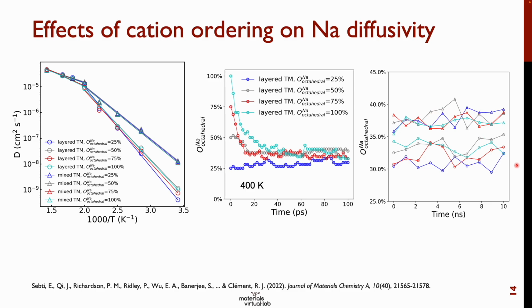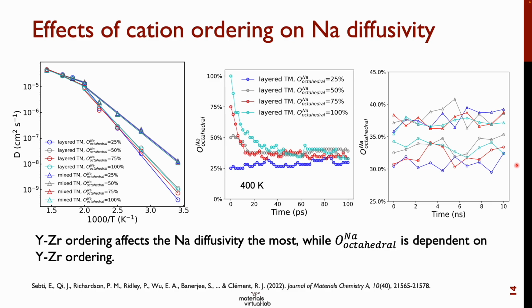That explains the fundamental reason for the experimental results, to see why there is a higher sodium octahedral site occupancy in the ball mill sample with high ionic activity. And actually, the more fundamental factor is the yttrium zirconium pattern ordering, rather than the sodium octahedral site occupancies.